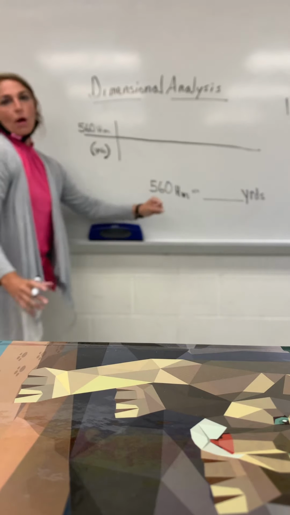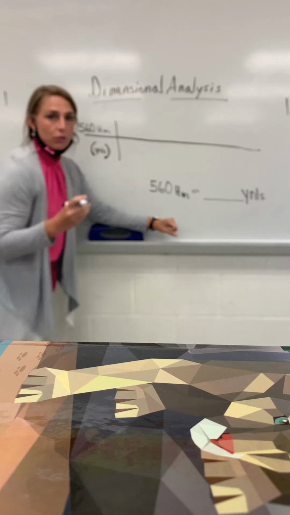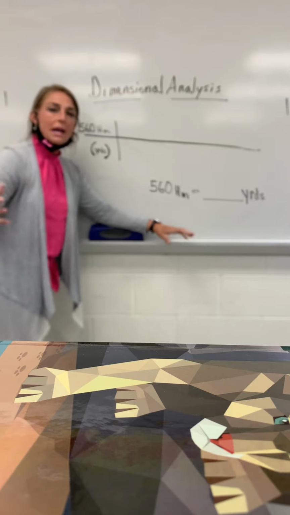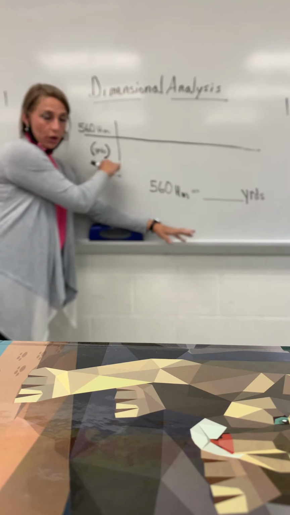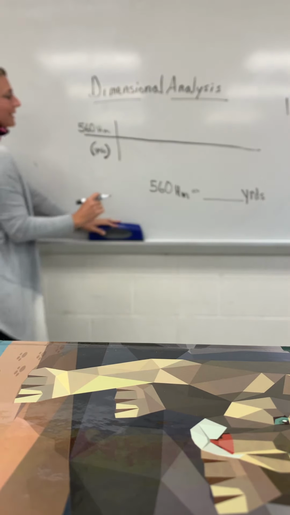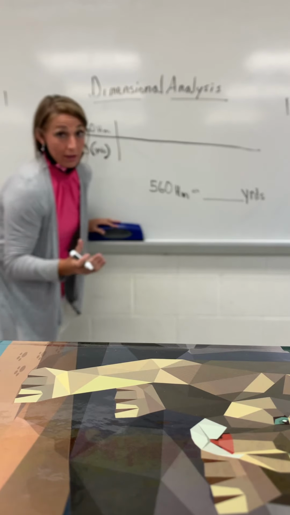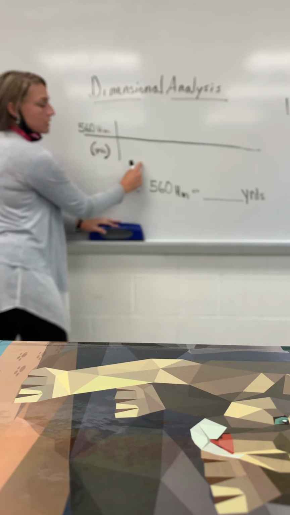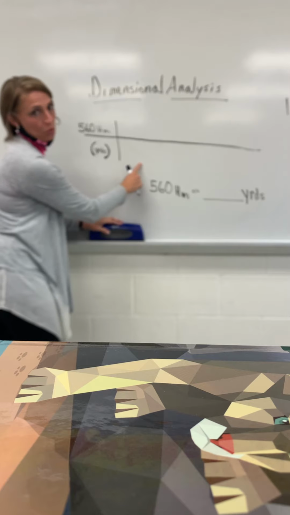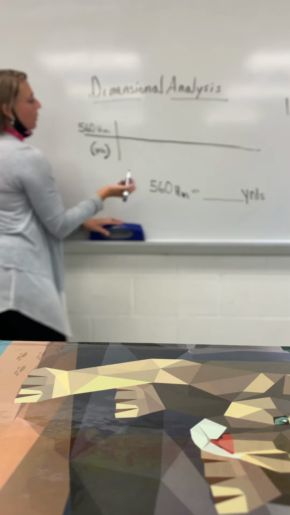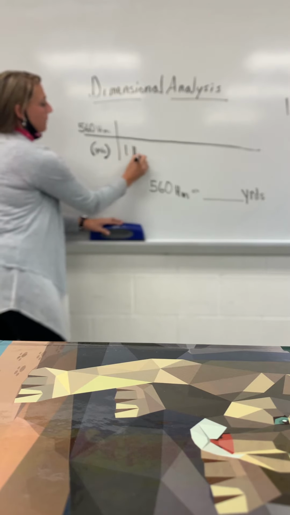Now, the name of the game is to jump from unit to unit until you get to the goal unit of yards. I can only cancel a unit if I have it top to bottom diagonally. So I want to go down here and say 1 hectometer.